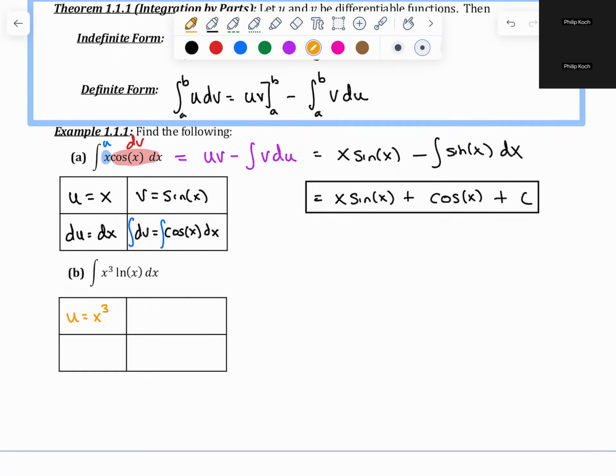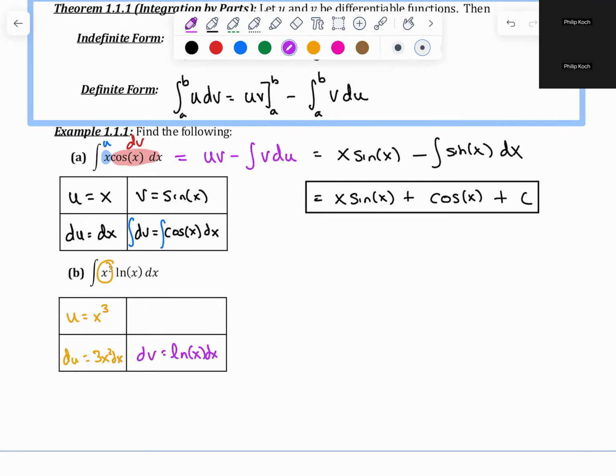Then du would be 3x squared dx, and dv would be natural log of x dx. But we run into a problem. What's the antiderivative of natural log of x? The derivative of natural log of x is 1 over x, but the antiderivative of natural log of x, we haven't gone over that. We don't know what that is.